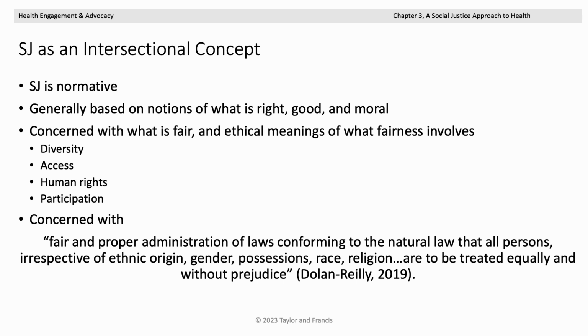And it is concerned, as Dolan Riley puts it, with the fair and proper administration of laws that conform to the principle that all persons, regardless of ethnic origin, gender, possessions, race, or religion, are to be treated equally and without prejudice.